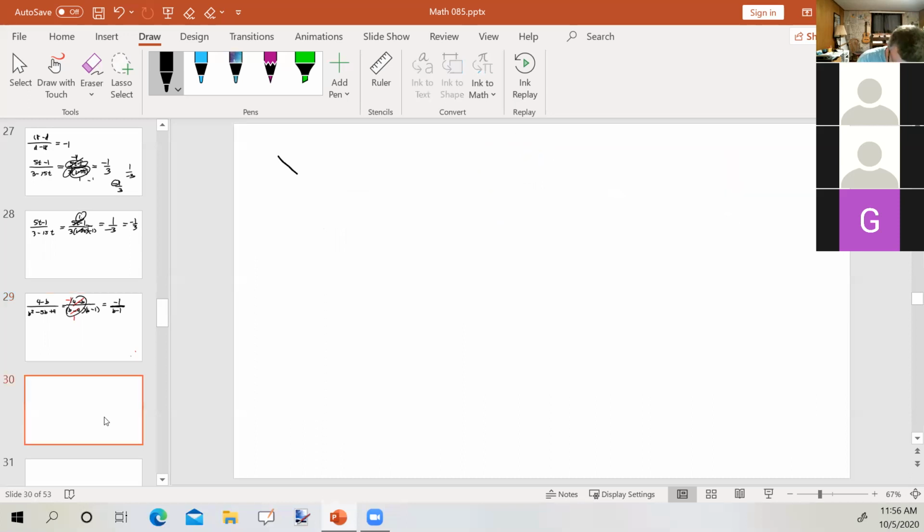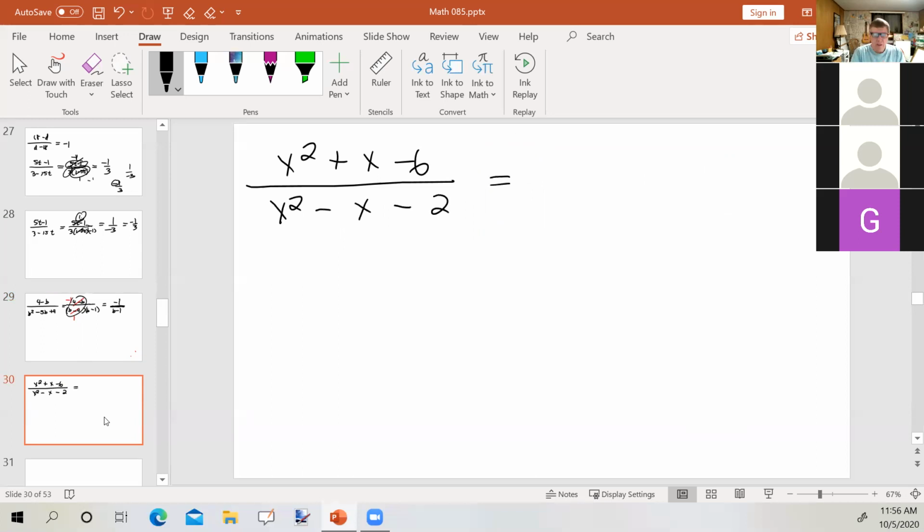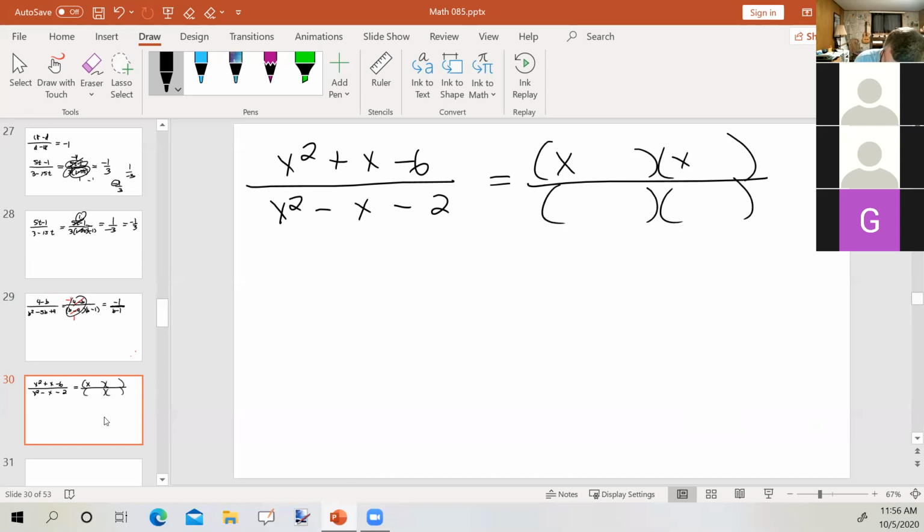Let's go on. X squared plus x minus 6 over x squared minus x minus 2. Again, I can't reduce out the x squared over the x squared because they're terms. I can't reduce the x over the x because they're terms. I can't reduce the 6 over the 2 because they're terms. But I can factor the numerator.